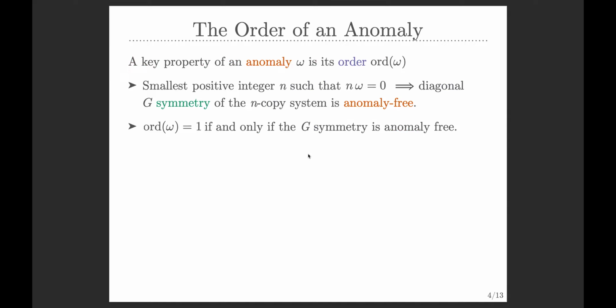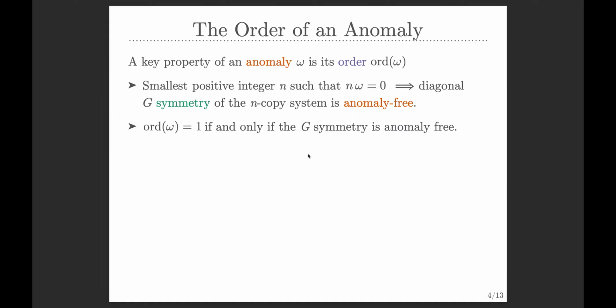Physically, that means if I take some theory with an anomalous symmetry and take the n-copy system of it, stacking n copies on itself, then the diagonal G symmetry of that n-copy system will be anomalous. It corresponds, in one higher dimension, to the inflow theory having order n under stacking.